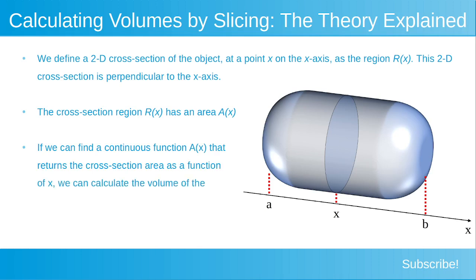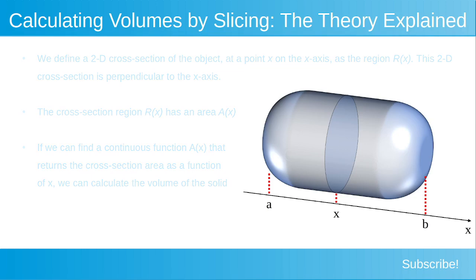If we can find a continuous function A of x that returns the cross-section area as a function of its position on that x-axis, we can calculate the volume of the solid. The theory of that calculation is explained as follows.